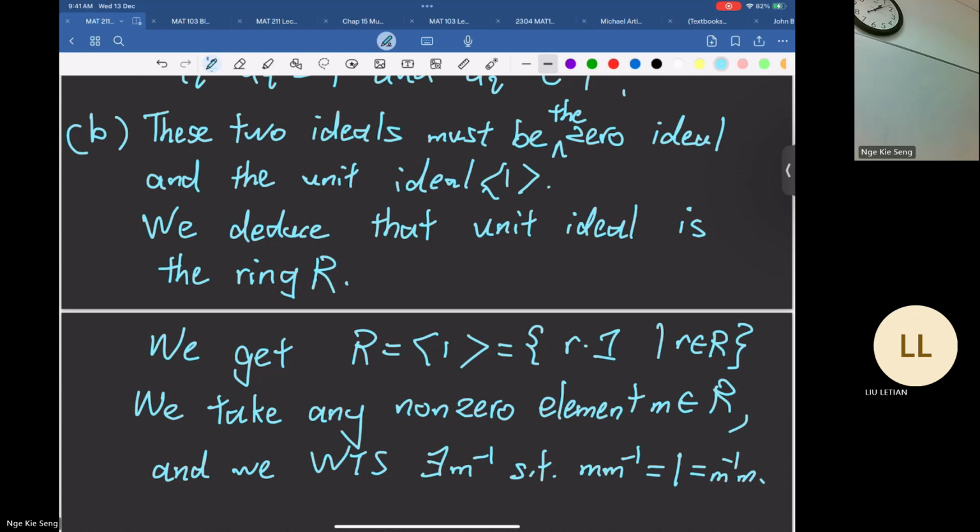It's something in R, and m can be written as something times 1. Is this enough or not?